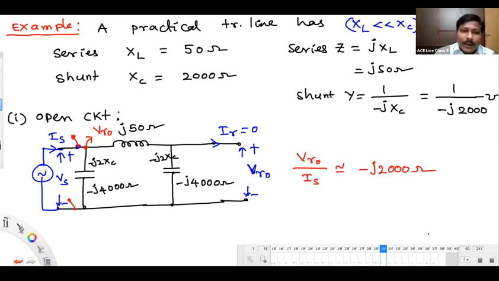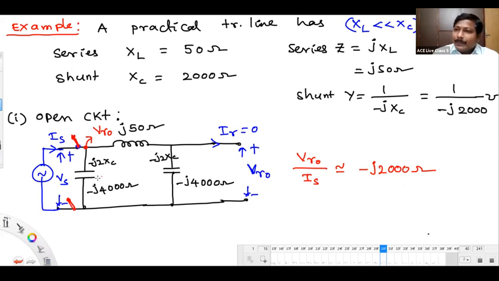So if you take the series combination of these two, that will come very close to minus J 4000 only. So minus J4000 and minus J4000 will come in parallel. The resultant will be minus J2000. So the impedance seen with respect to this point will be minus J2000.